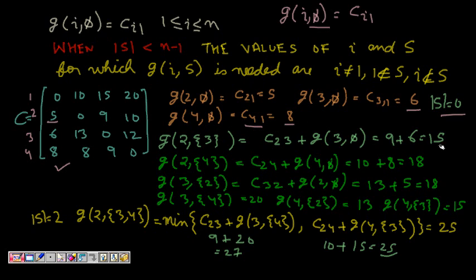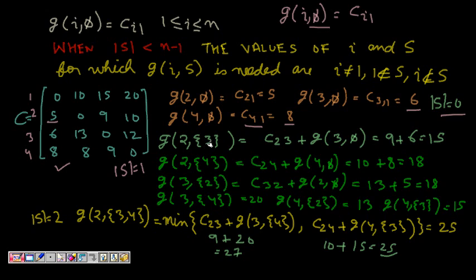Okay, so now we calculate for mod S equal to 1, so one node in the set. So I start with 2. Because we are already starting from 1, we don't calculate for 1. So for G(2, ...) I can have a set of size 1 which can be node 3 or node 4, because I am already going to node 1, so I don't have that in the set.